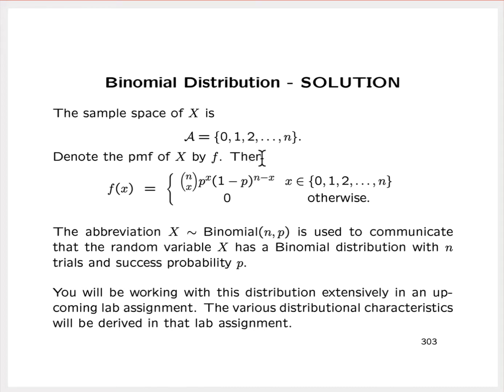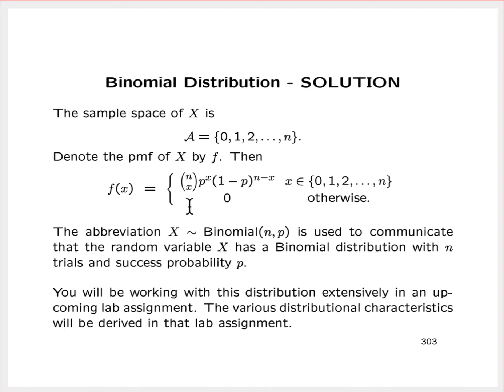Denote the PMF of X by lowercase f. Then it turns out that it is very similar in form to the PMF of the Bernoulli distribution, the only difference being this quantity out here in front, the n choose x, which we've seen in the context of counting, and in particular in the context of counting combinations.